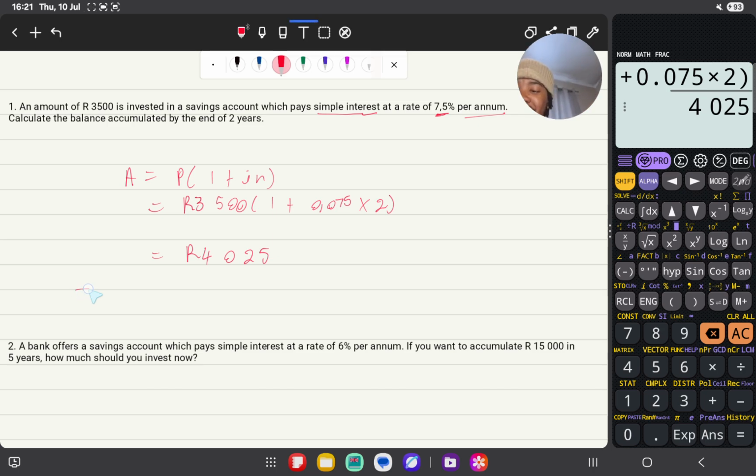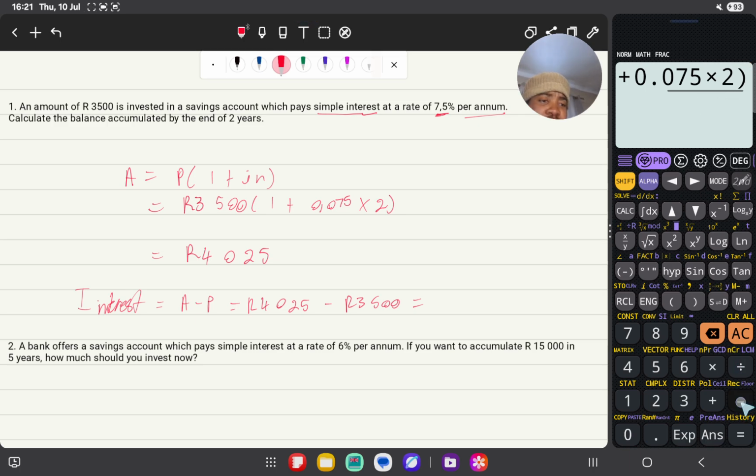Then you will say, that interest will be your accumulated amount minus your principal, which is 4,525 minus 3,500, and the answer is 1,025... no, 525. So this is the interest that our dude earned, right?